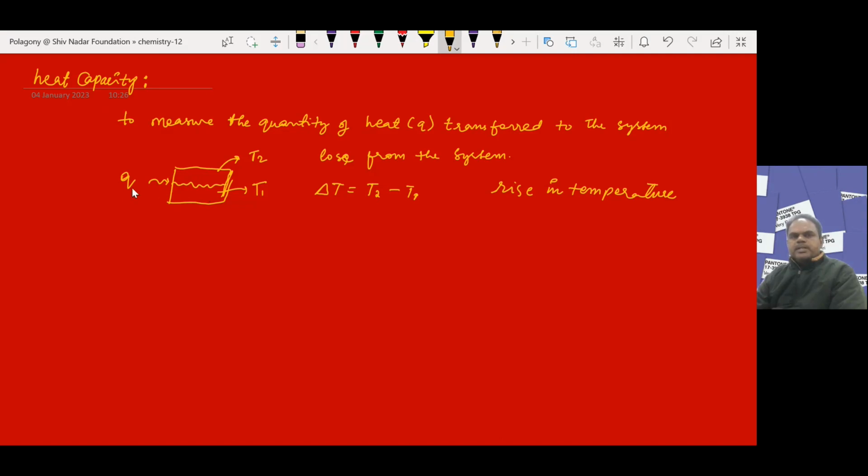Automatically the temperature changes from initial to final.